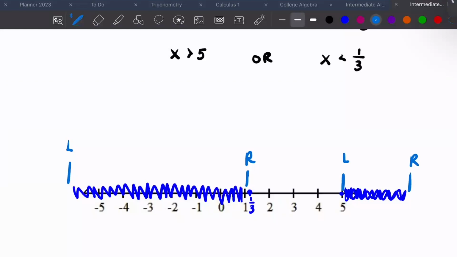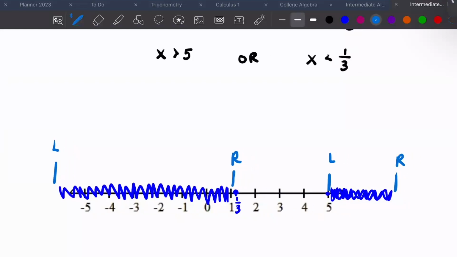So from left to right, I'm starting at -infinity and I'm going to 1/3. Then I jump over to 5 and go to infinity, and I have parentheses on all of these. And if you may remember this, the union symbol, union in math means "or".